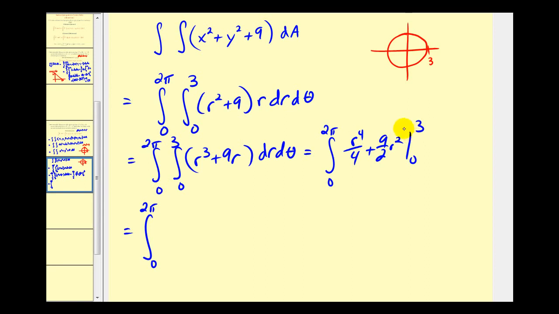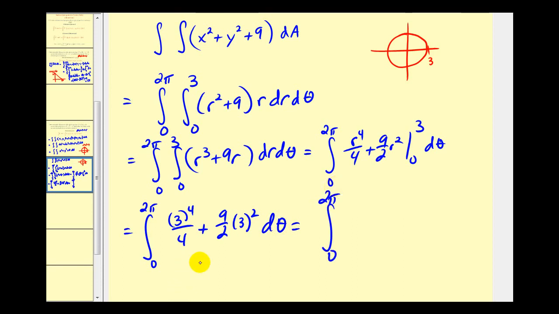Replacing r with 3, and then when r is 0, we'll have 0. Forgot the d theta here. To save a little bit of time, I've already worked this out. It comes out to 81 fourths plus 81 halves. That's 243 fourths.